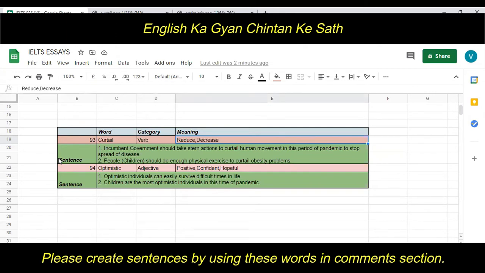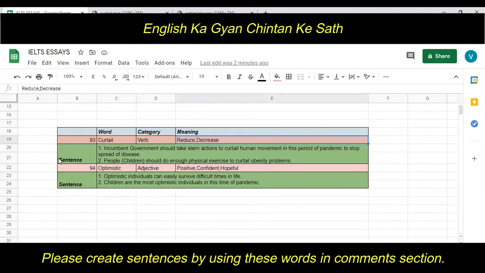Whenever in our day-to-day communication we use either the word reduce or decrease, those words can be replaced with the word curtail. This is the simplest definition of the word curtail, or the context in which it can be utilized.